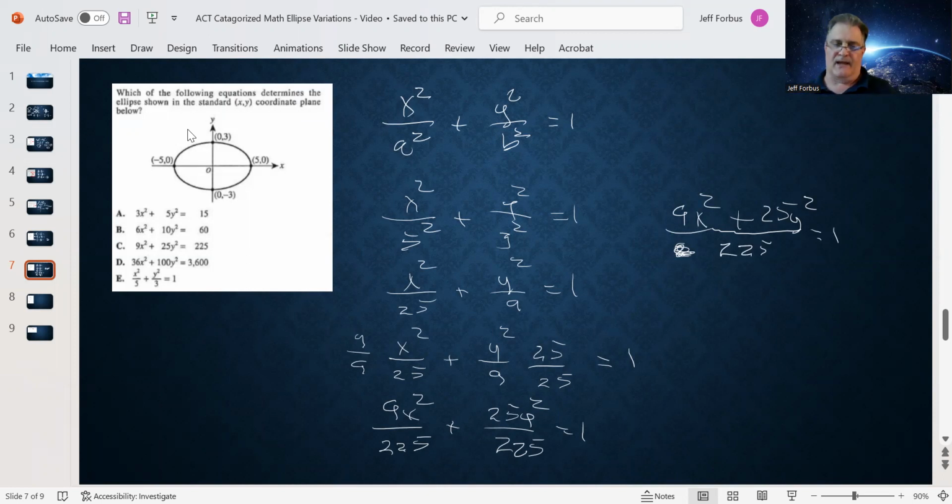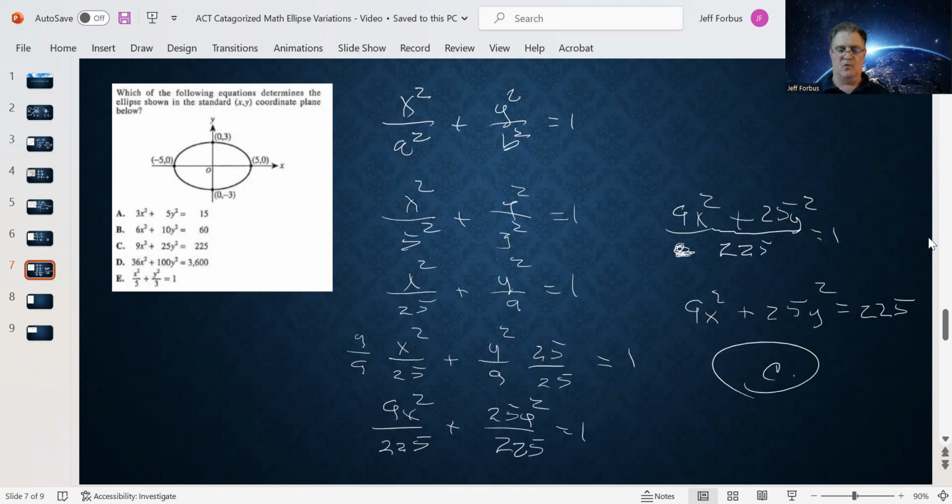Now, on the left side, just a minute ago, I multiplied by 9 and 25. That gives me 225, so I have to multiply the right by that. So I'm going to move my denominator to the right side, and I'm going to get 9x squared plus 25y squared is equal to 225. And that's going to give us answer choice C.